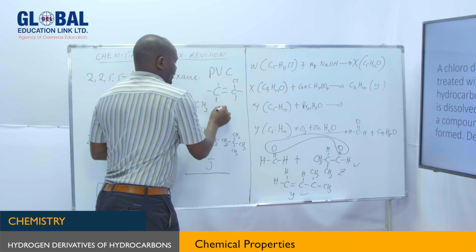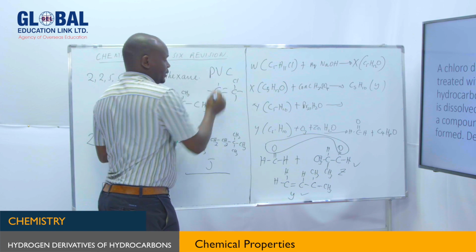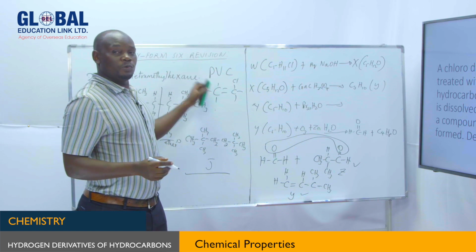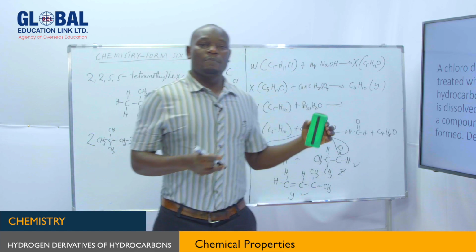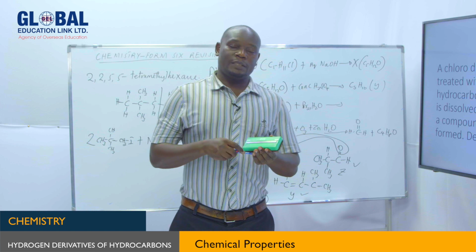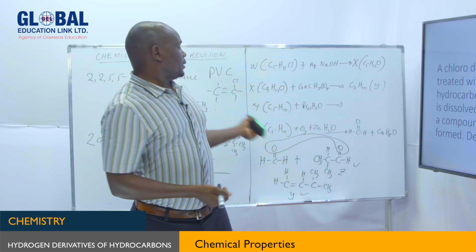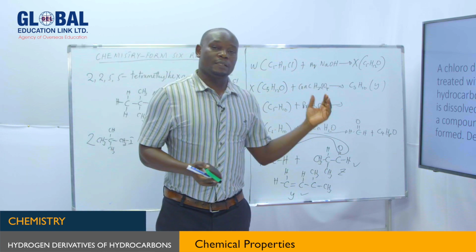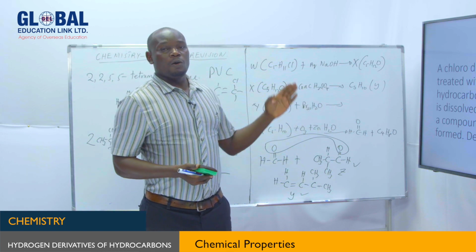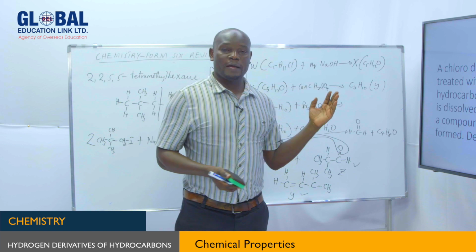This is known as vinyl chloride. So vinyl chloride can be used in the process known as polymerization to manufacture plastic material and so on. So this is about this subtopic, which is the chemical properties of halogen derivatives of hydrocarbons.